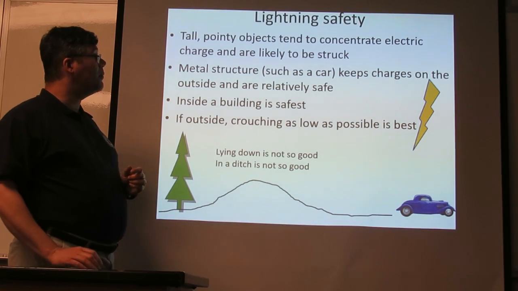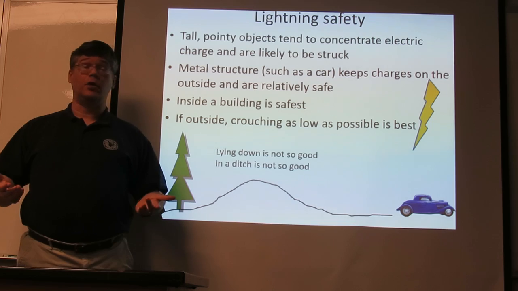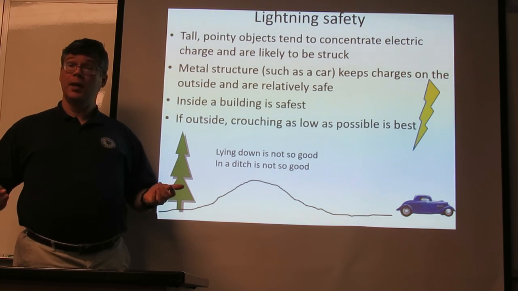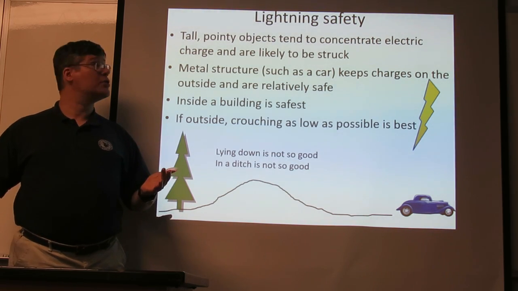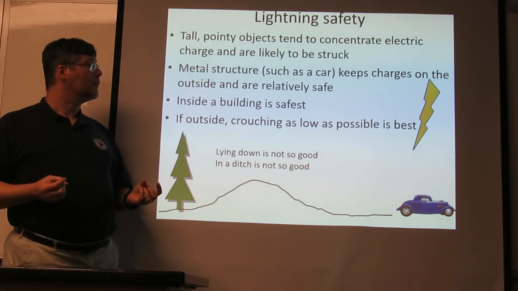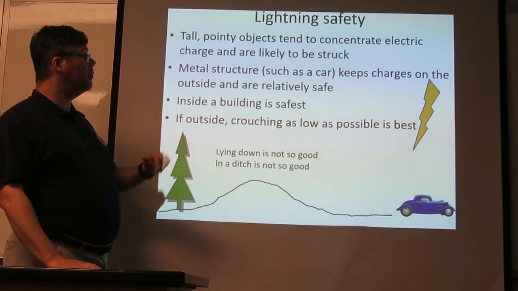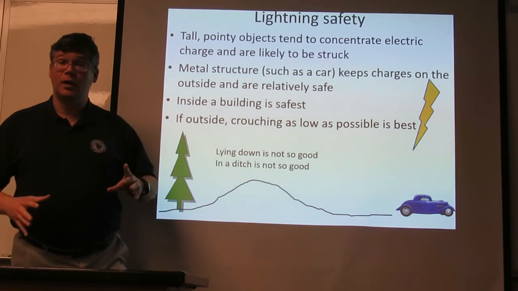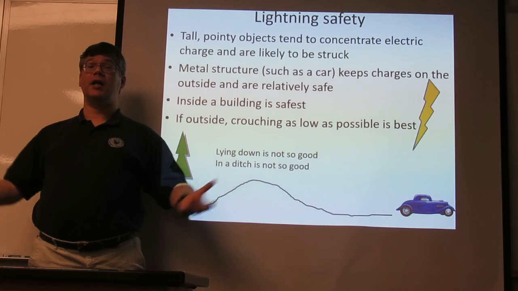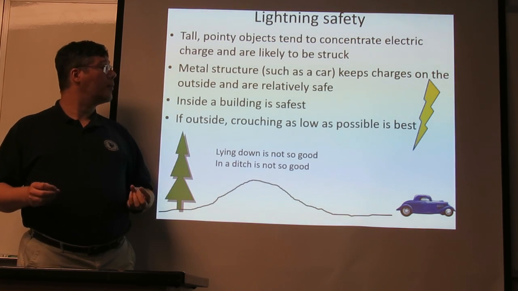Lightning. What are the problems here? Turns out that a relatively tall, pointy structure tends to concentrate the electric charges on the tip, and that makes them likely to get struck. Now, if you are inside a metal structure, electric charge will stay on the outside of a metal structure, so inside you're safe, such as in a car.